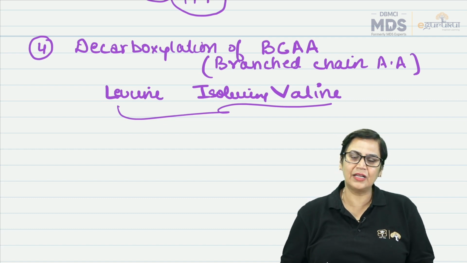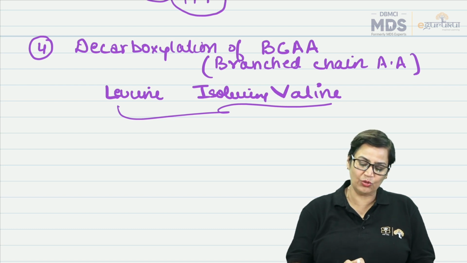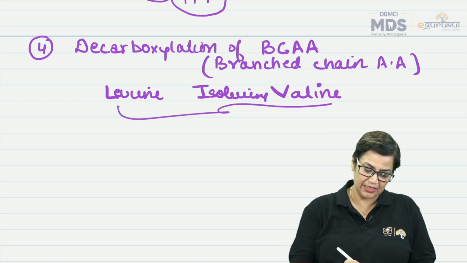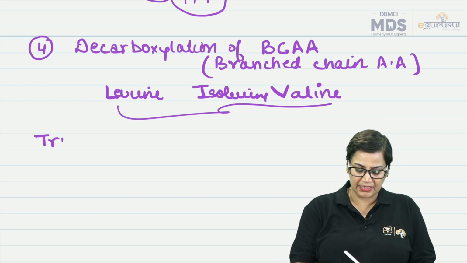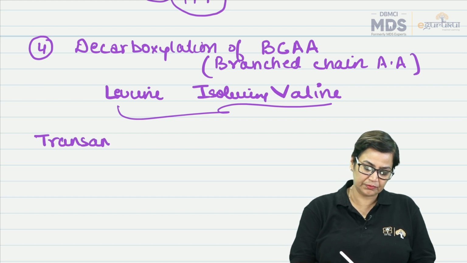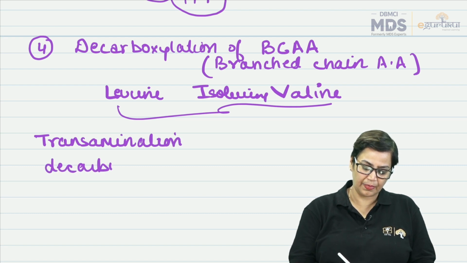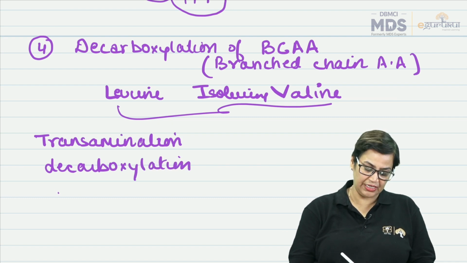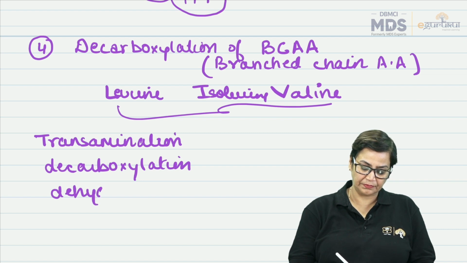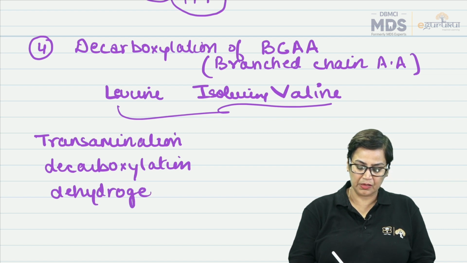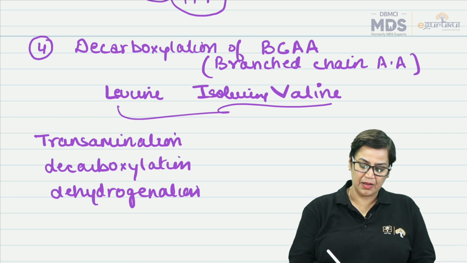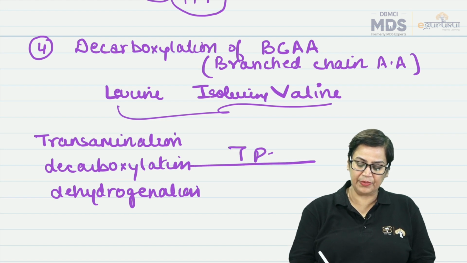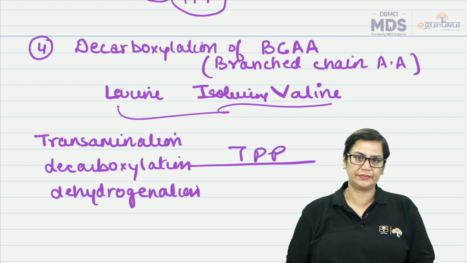But before undergoing this fate, they have to undergo transamination, decarboxylation, and dehydrogenation. For decarboxylation, TPP is the one which is required.